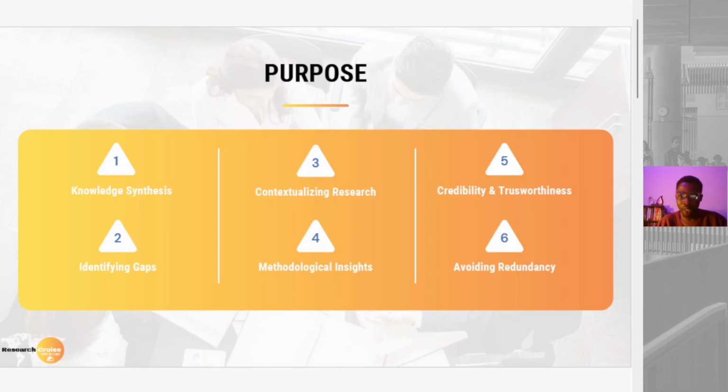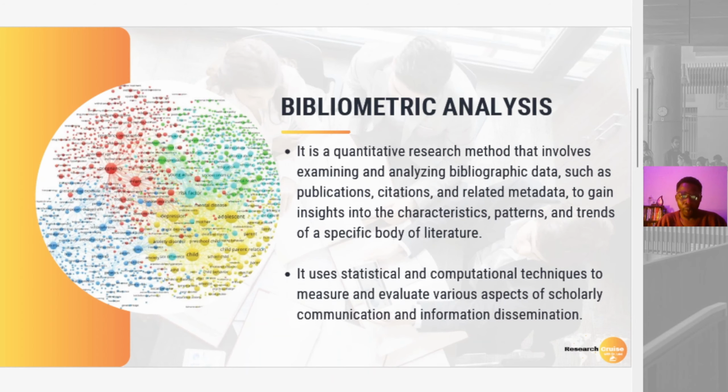The second one that is growing recently is what we call bibliometric analysis, and that will be the purpose of this video. We are going to be looking at the rudiments of bibliometric analysis. Bibliometric analysis is just a quantitative method that involves analyzing and examining bibliographic data.